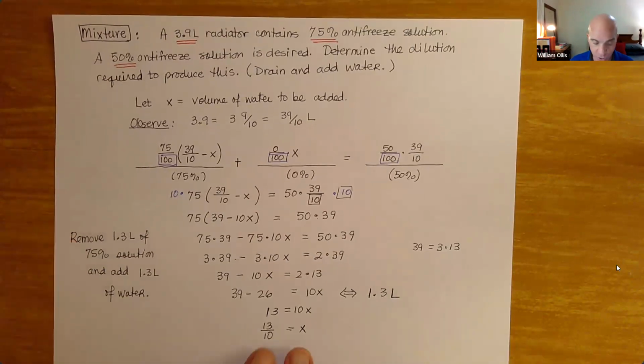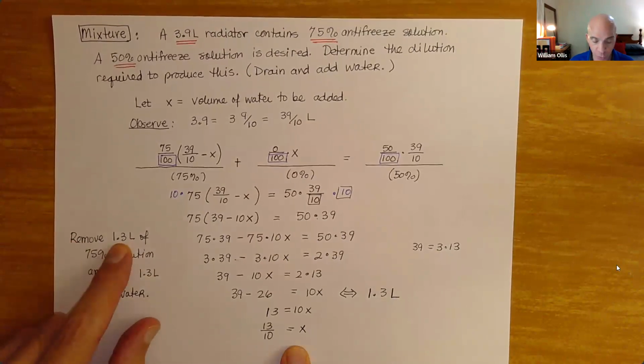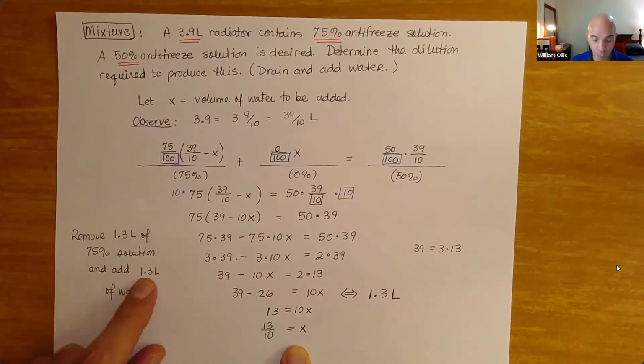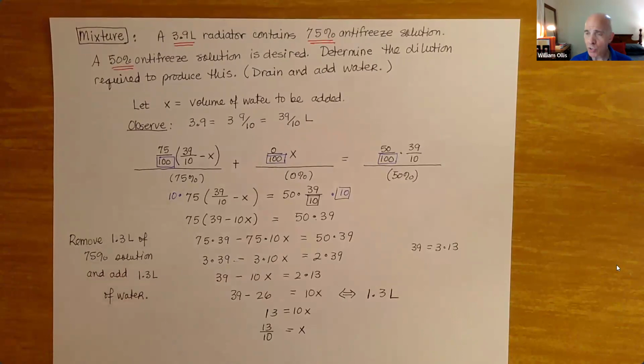So now, of course, remove 1.3 liters of 75% solution and add 1.3 liters of the universal solvent, water. So you can think of taking your vehicle in to be serviced, and there is some type of direction from your vehicle manufacturer that is now requiring a more dilute antifreeze.